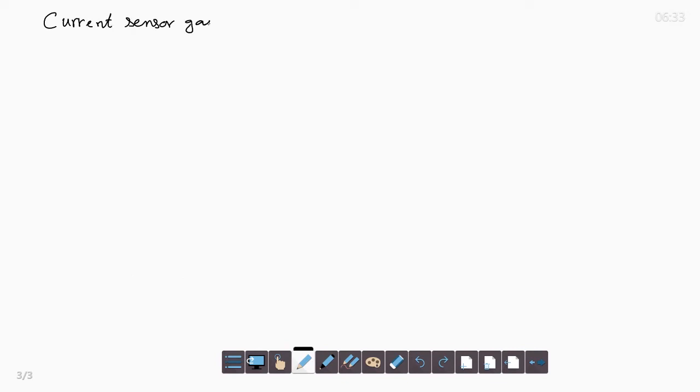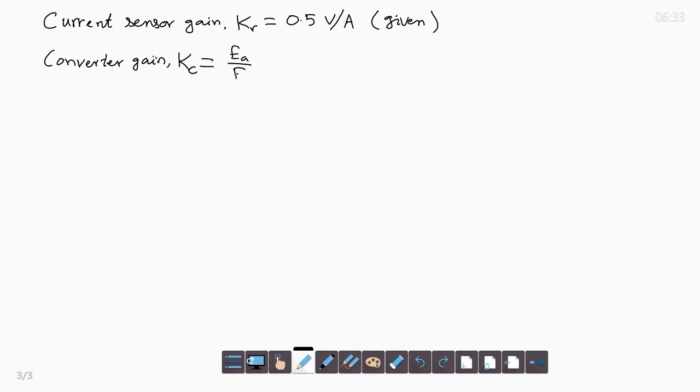Current sensor gain, that is Kr, is 0.5 volt per ampere. It is given. Then the converter gain Kc, which is Ea by Ec, that is Ea hat maximum value divided by Ec hat maximum value.